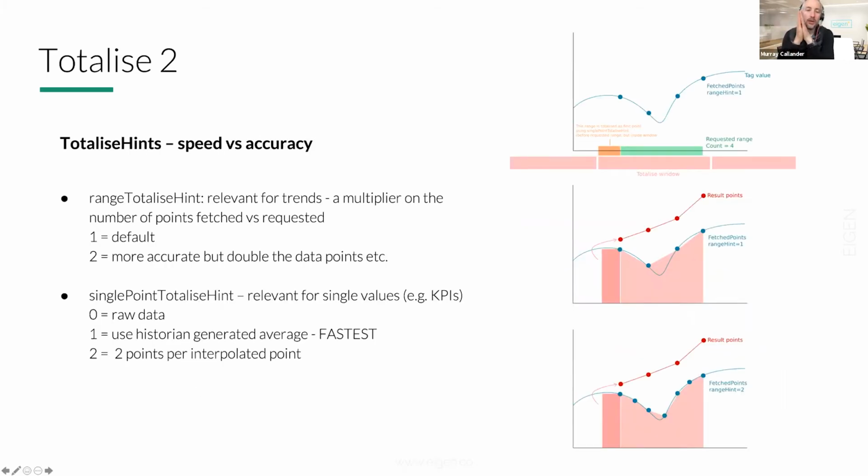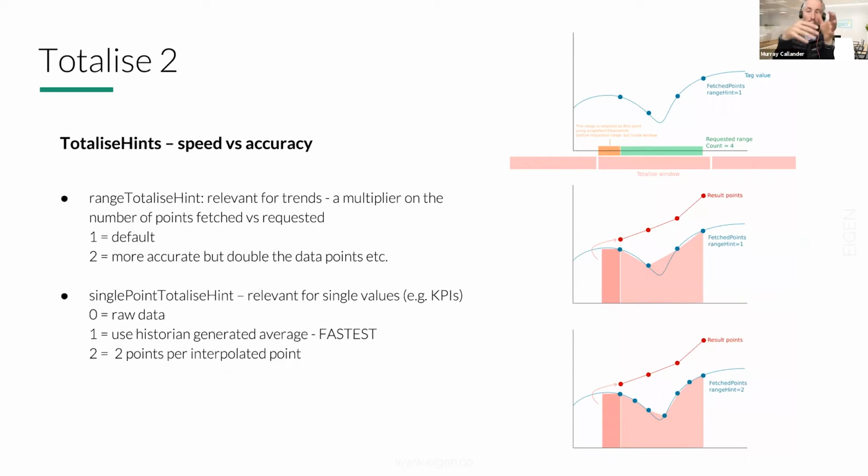Sometimes you might want a very fast result and you're not so worried about the accuracy. In this case, you can set the values to 1, which will use 1 point of raw data for every interpolated point. And if you just need a single point, so for example, if you're showing a value in a report, a value of 1 will push the averaging down to the historian to use, which is the fastest.